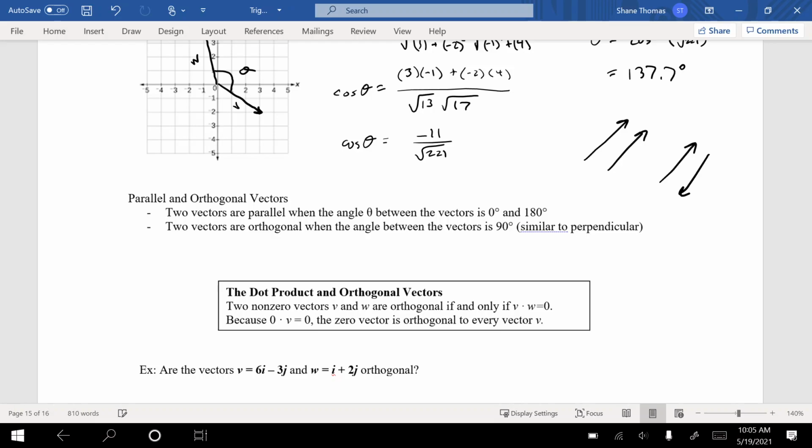You all right with that? And that would be because the angle here would be 0 on the first pair. This angle would be 180. Second one, it would have to be at 90 degrees. So this would be orthogonal, essentially perpendicular. It could be in any orientation, like that. So those guys would be orthogonal.